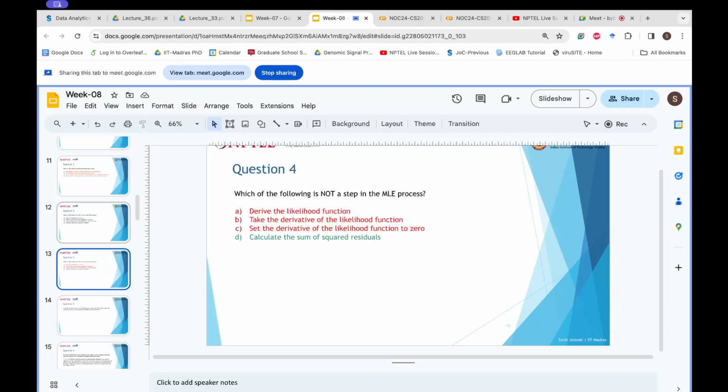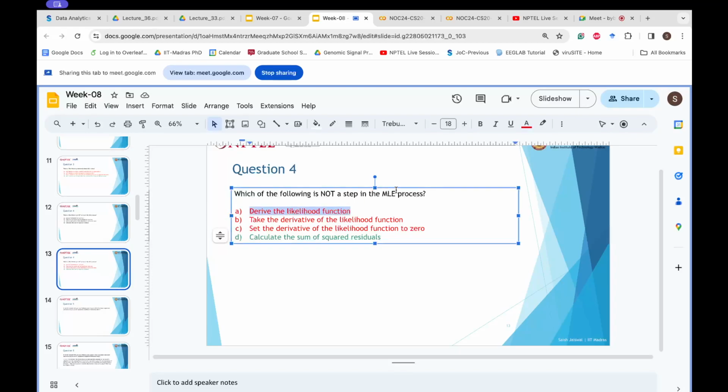So the correct answer is calculate the sum of square residuals. As you saw in the process, first of all, the step is to derive the likelihood function in MLE, which is nothing but the product of the likelihood values for all of the data points. Then we take the derivative of the likelihood function.